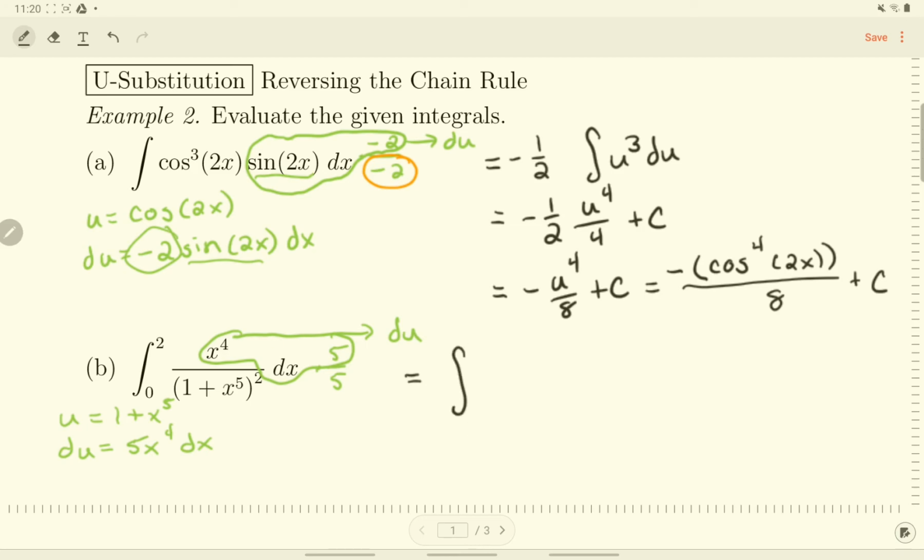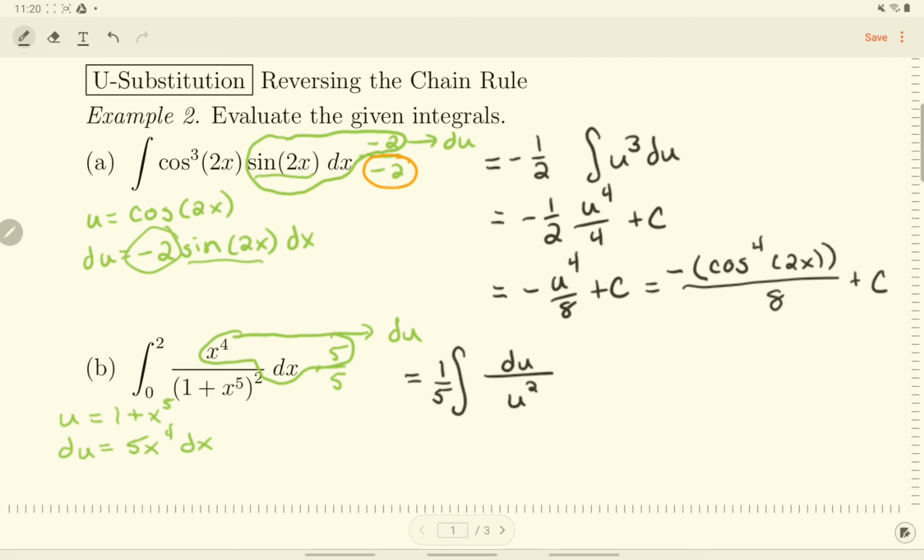We'll come back to those. But my whole numerator got used in du. My denominator, the 1 plus x to the 5th, becomes u, so I have u squared. And I have that 5 in the denominator that I didn't use, so I'm going to pull the 1/5 out to the front using my constant multiple rule.